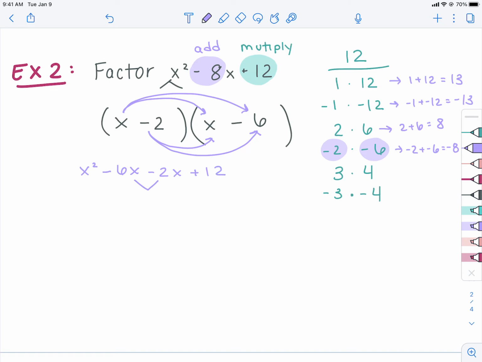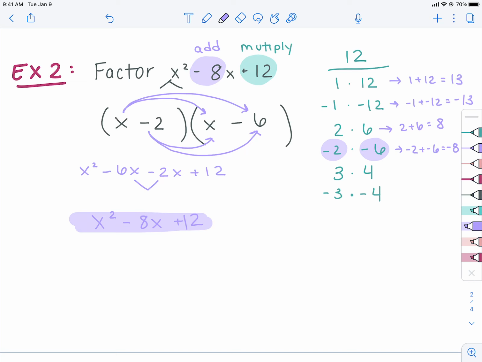When I combine my like terms, I get x squared, negative 6x minus 2x gives me negative 8x, plus 12. And now this is the same thing that I started with. So I know that I did my factoring correctly. You can always check yourself if you're not feeling super confident in your answer, or you just want to make sure you set it up.